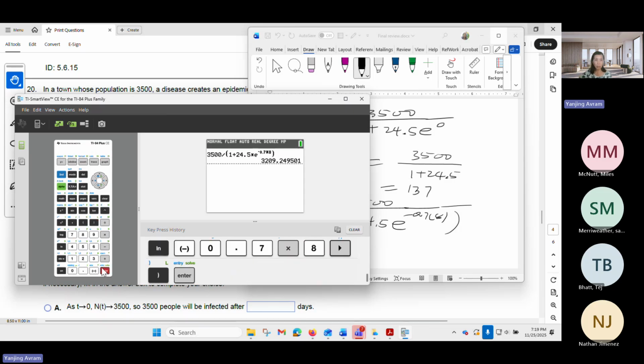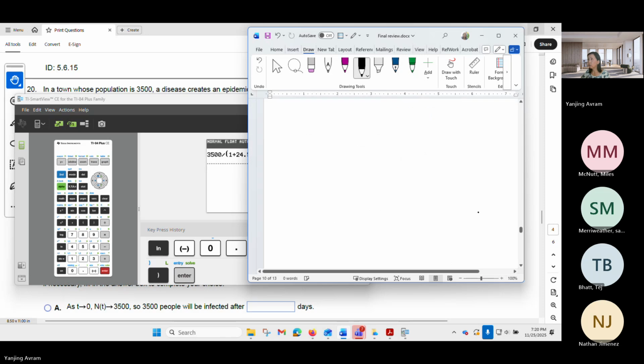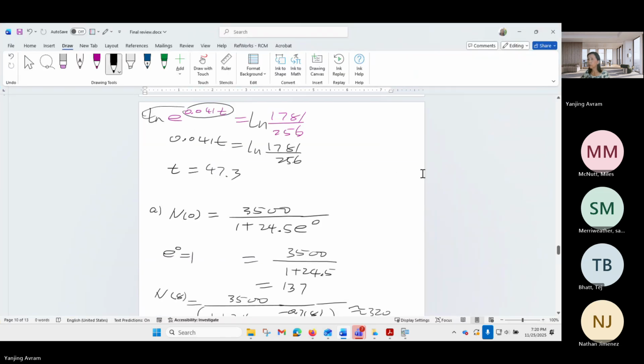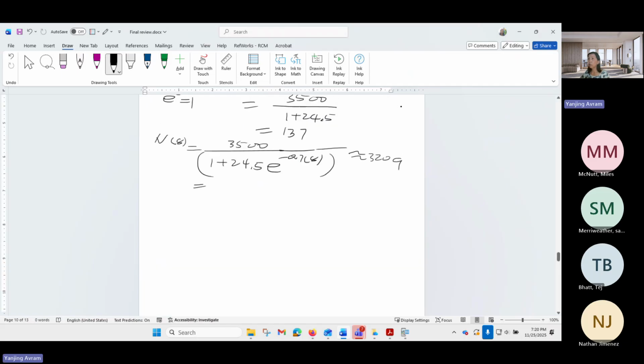And that's it. That's your answer, okay? You round to the integer, so that'll be 3,209. All right, so this one, don't look at the formula, it's very complicated, but actually it's very easy to calculate. Just plug the number directly into the calculation.